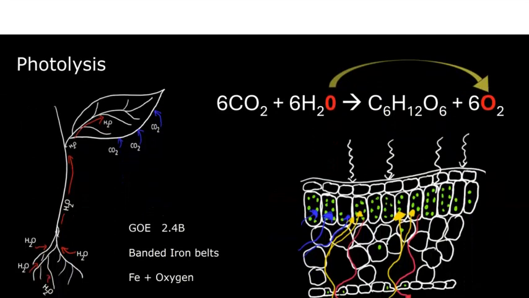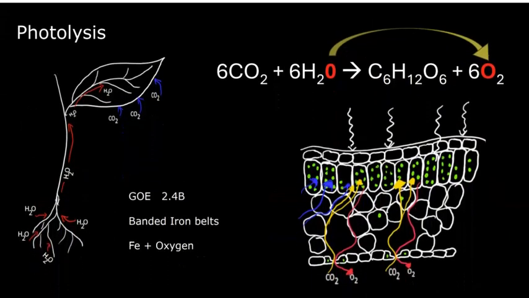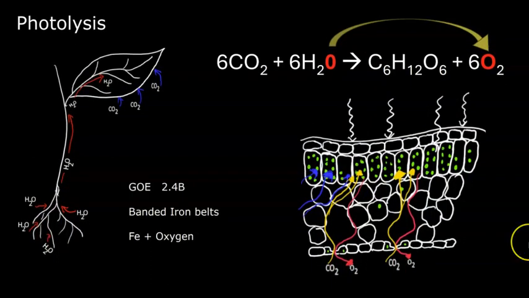If we briefly take an overview of the process of photolysis, then we recognize that now we know that the oxygen in the atmosphere, which comes from photosynthesis, was actually derived from water in the process which is called photolysis.